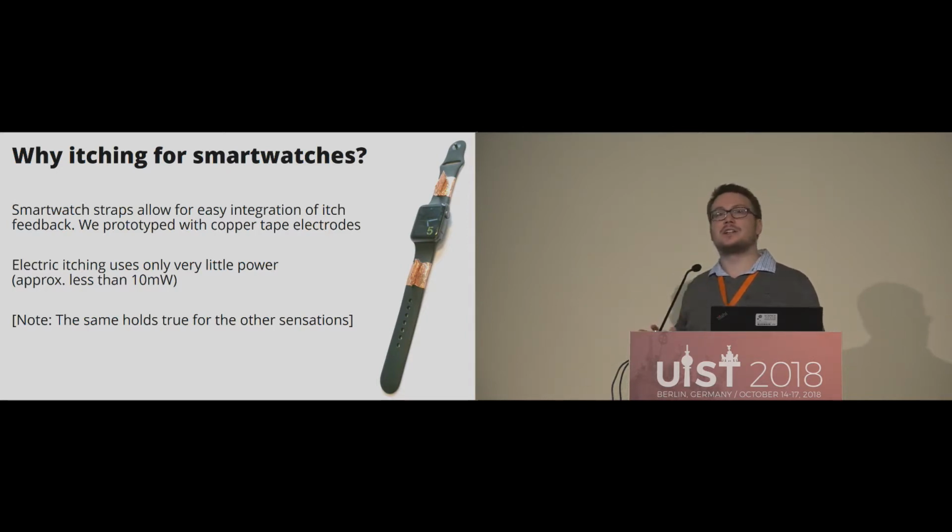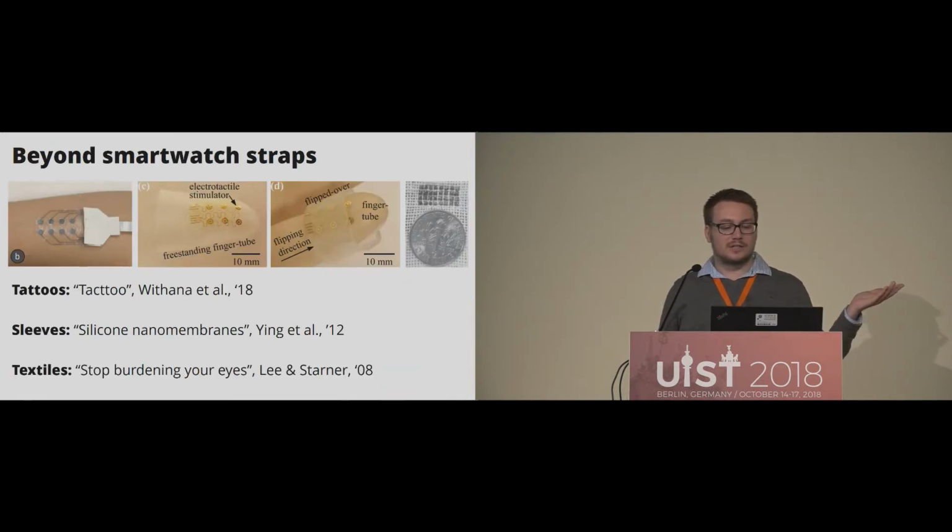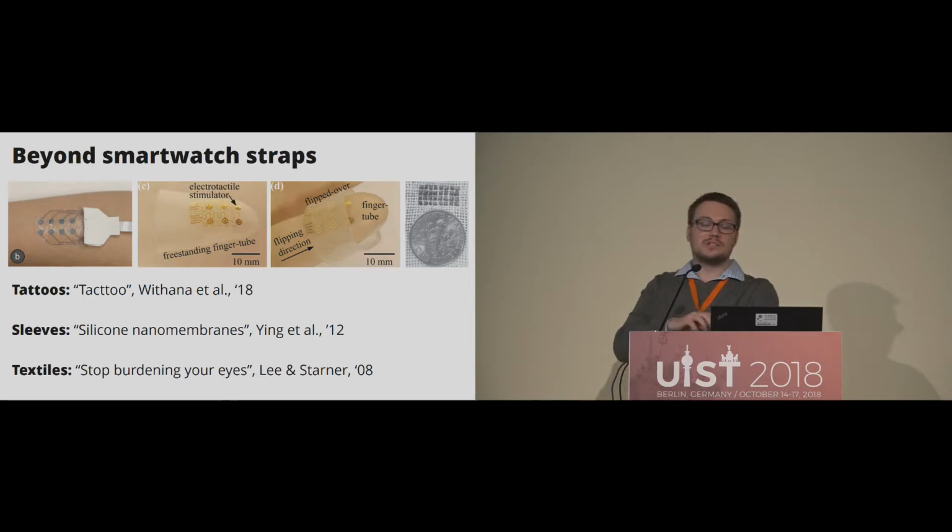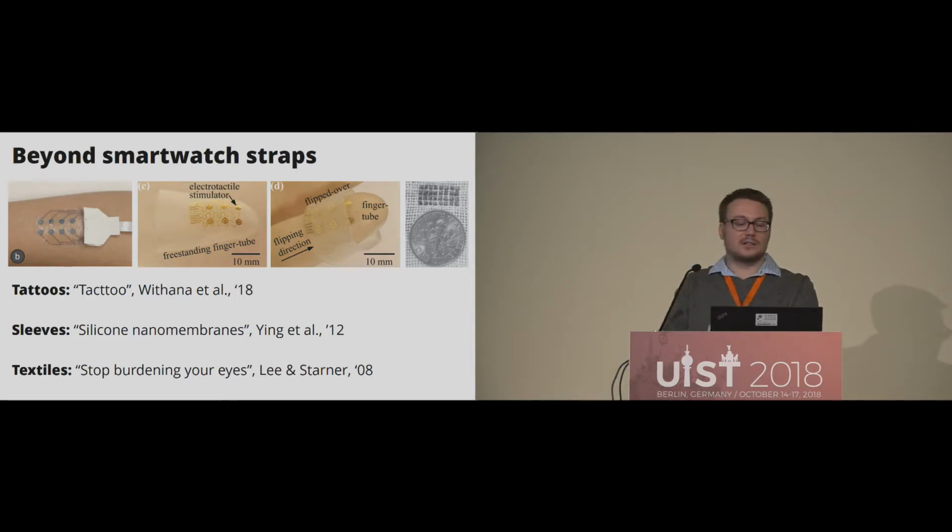I'm talking about itching here, but as we saw just a few slides ago, this also holds true for all kinds of other sensations, like gentle, prickling, vibration stuff. There's a huge space. And we did it on the watch here, but in fact you can put it on other parts of the body. We saw earlier here at UIST, with Tech 2, you can put some stickers somewhere on your skin, like a tiny little sliver, and that also allows you to do electrotactile actuation.